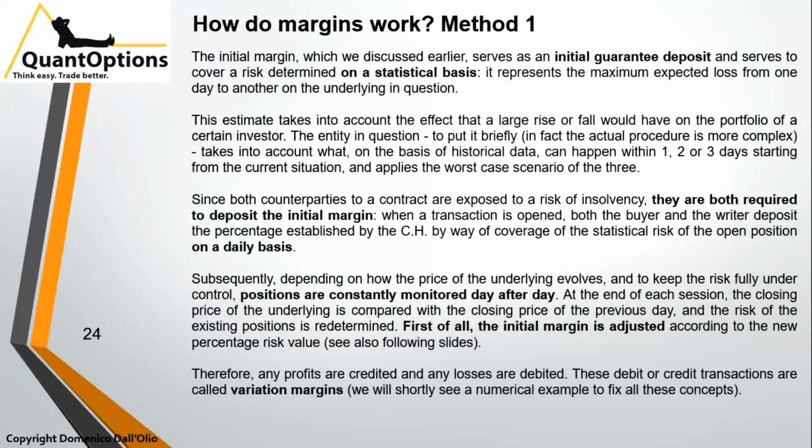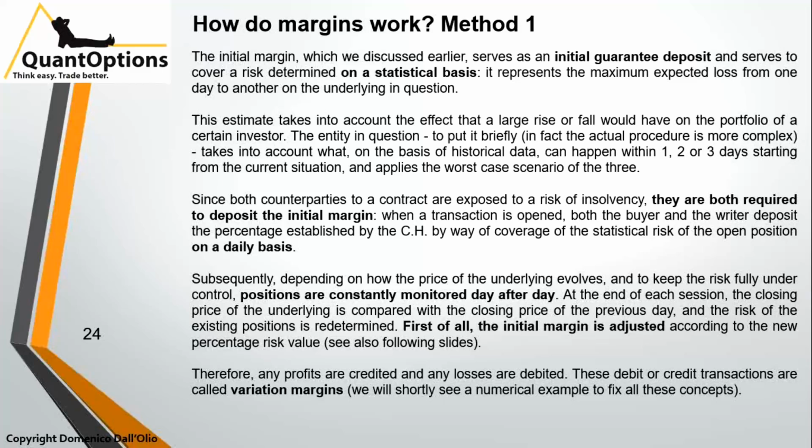So, method number 1, the initial margin, which we discussed earlier, serves as an initial guarantee deposit and serves to cover a risk determined on a statistical basis. Indeed, it represents the maximum expected loss from one day to another on the underlying in question.